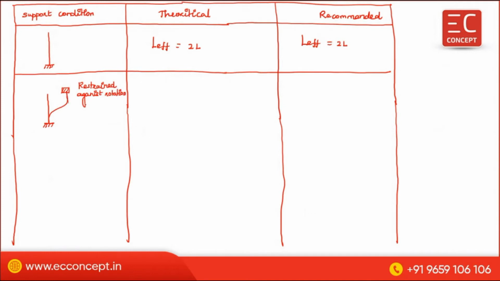Because the slope at this point is 0, but this one is not restrained against translation.